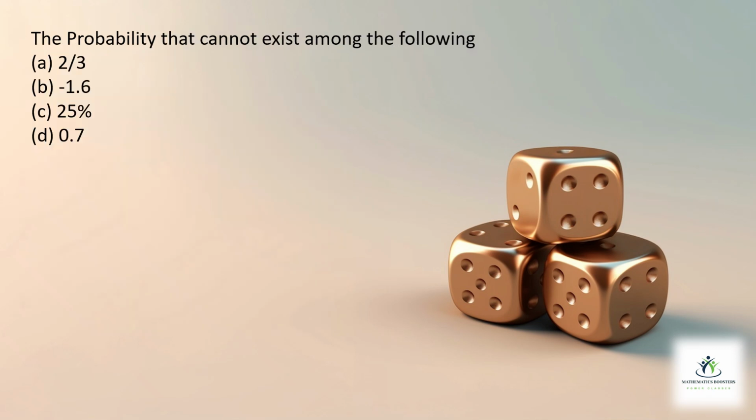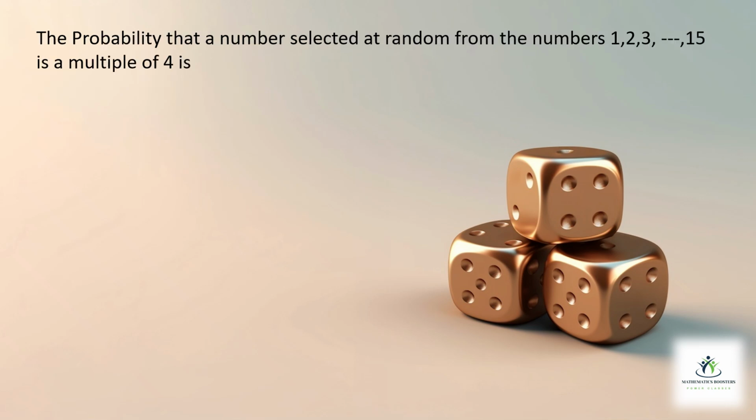Next, the probability that cannot exist among the following. Probability cannot be negative. It should lie between 0 and 1. Next, the probability that the number selected at random from the numbers 1 to 15 is a multiple of 4.